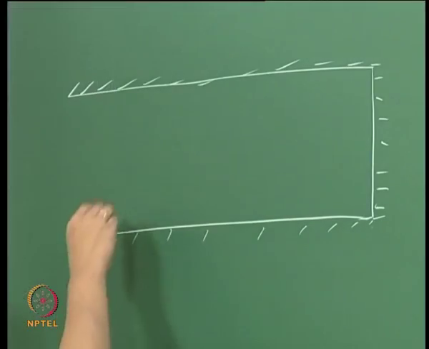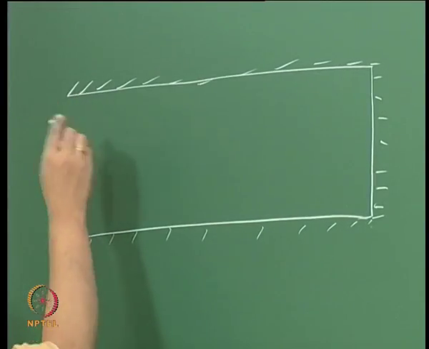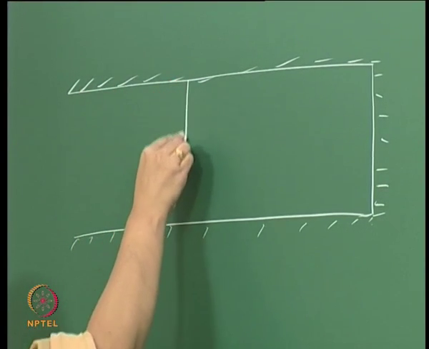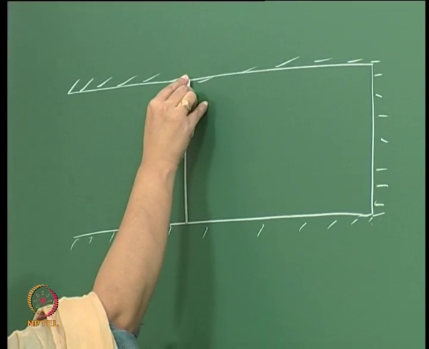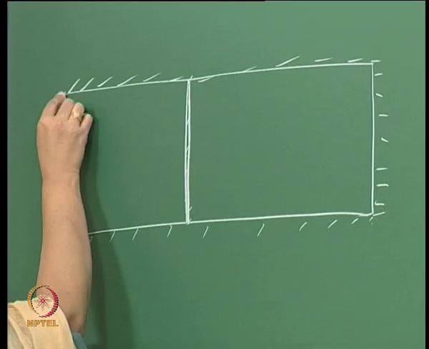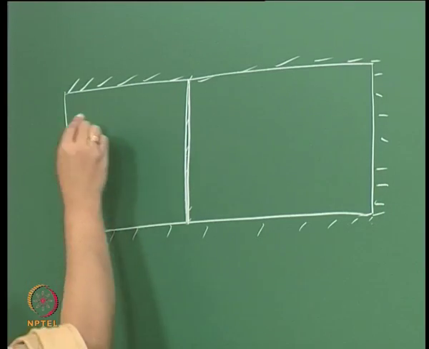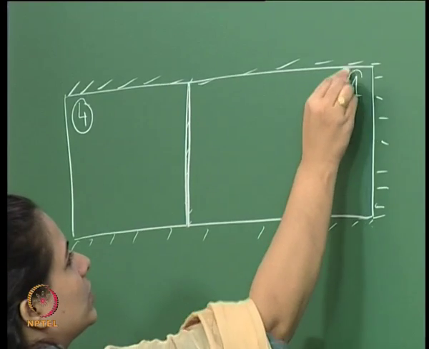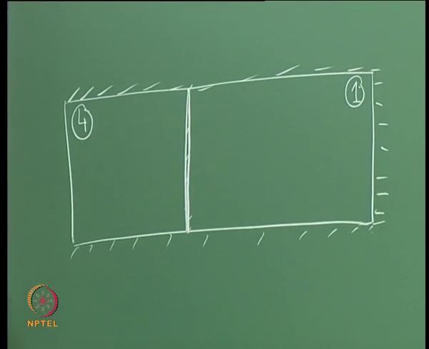We had a diaphragm which we break. So this was our diaphragm, this is our shock tube. This was, say, region 4, and this is, say, region 1. This is what we said, and the corresponding values.